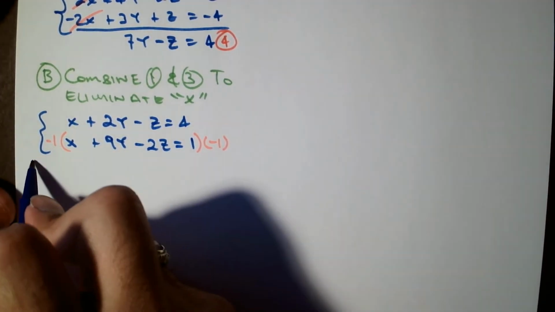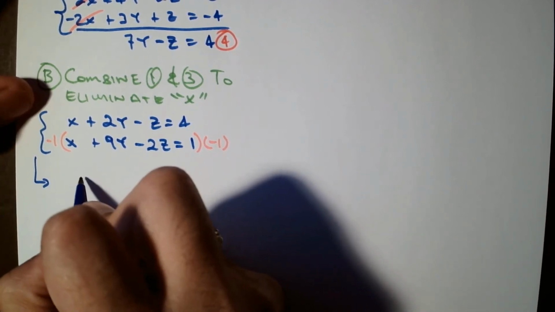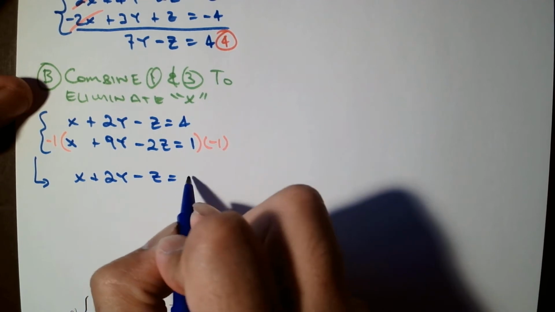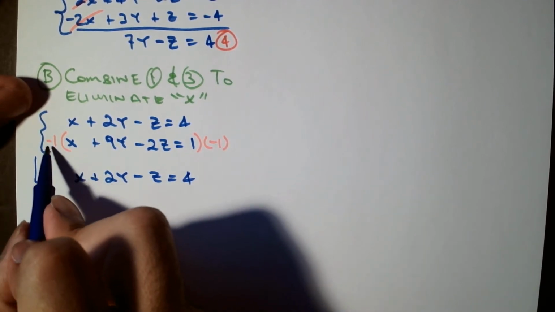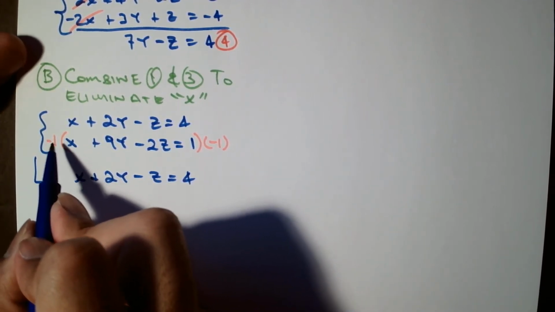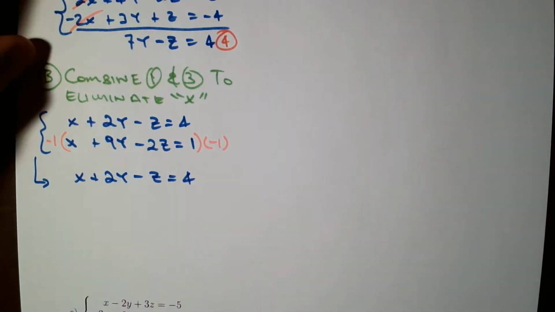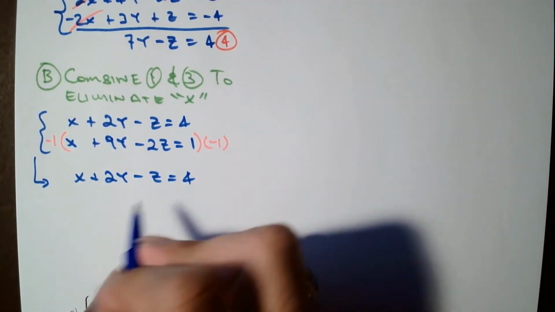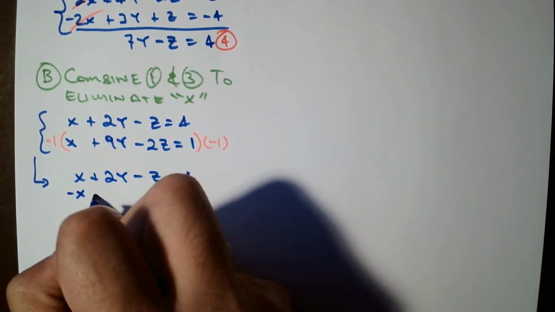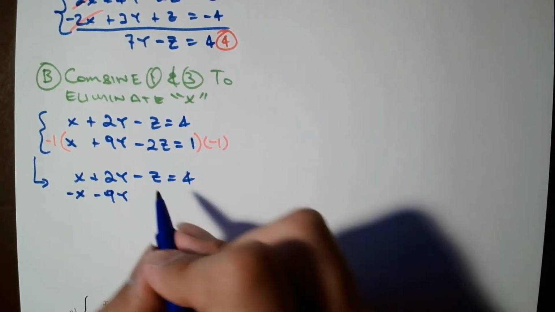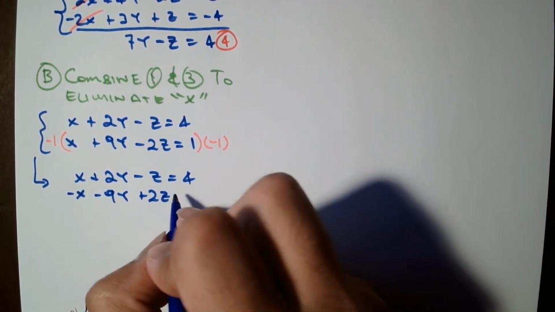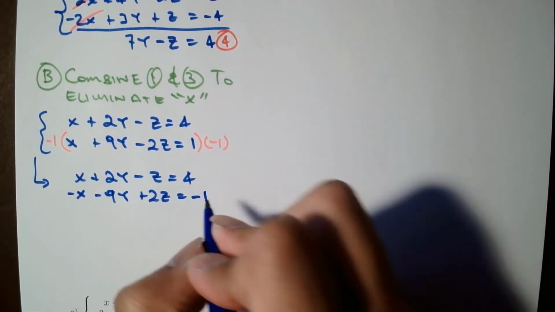So multiplying by negative 1 on both sides of the equation, essentially what it does is change the sign of everything. So negative x minus 9y and then plus 2z equals negative 1.